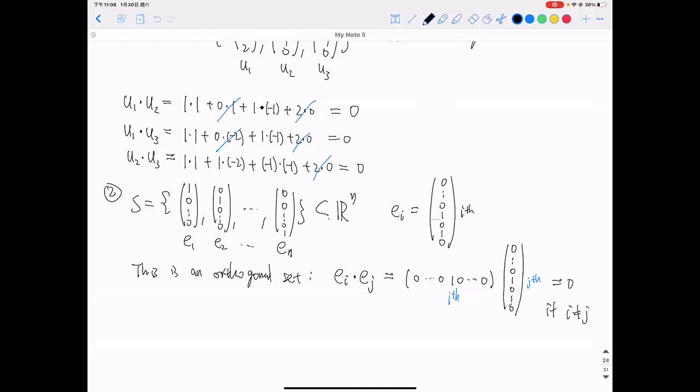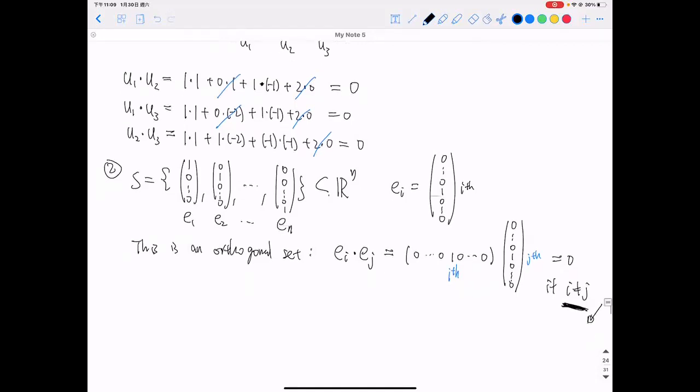If you form the matrix product, if i is not equal to j, then this 1 and this 1 will not meet each other. This 1 from the i-th entry will multiply a 0, the 1 from the j-th entry will multiply a 0, and all the other 0 entries multiply to zeros. So the dot product is therefore 0. Okay, and this is true whenever i is not equal to j. So you have therefore an orthogonal set. Very good. This is very general.